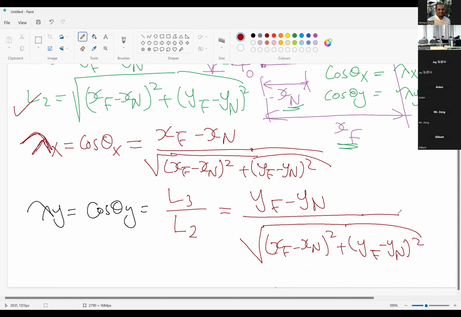This is how to find cosine theta x and cosine theta y, and we give them the symbols lambda x and lambda y for simplification. Do you have any question about this derivation of the cosine angles? We call this equation 1, or step 1. I will go back to the slides.